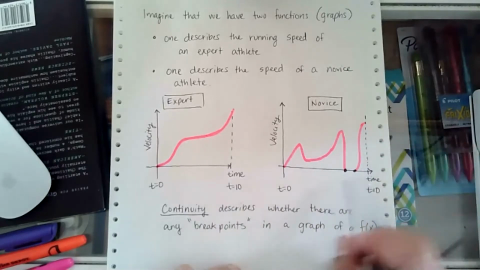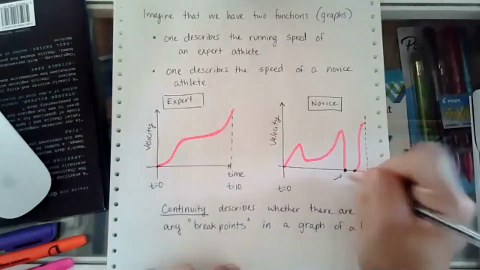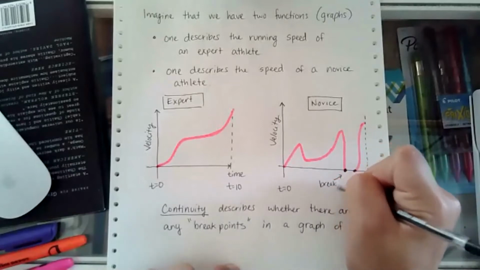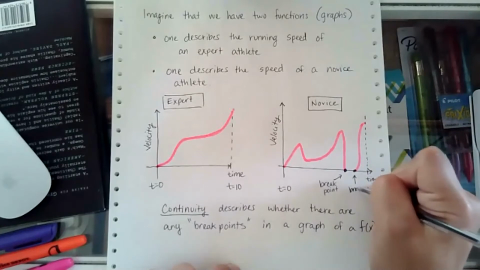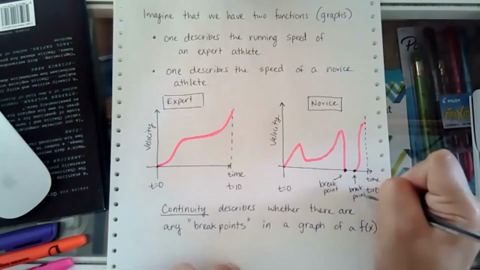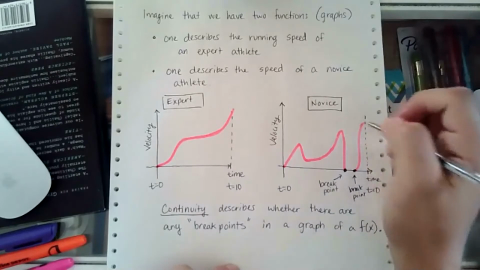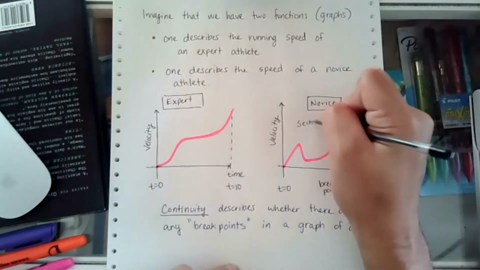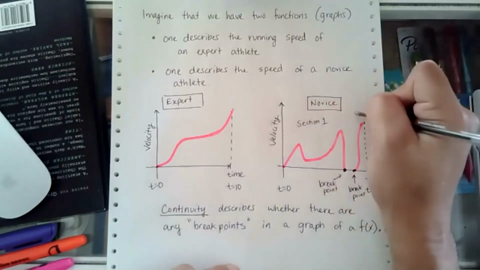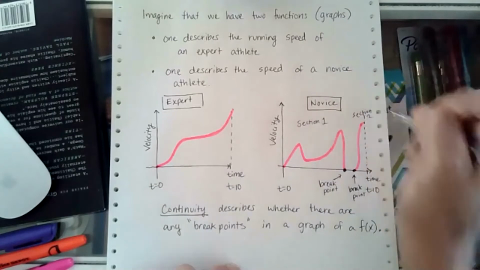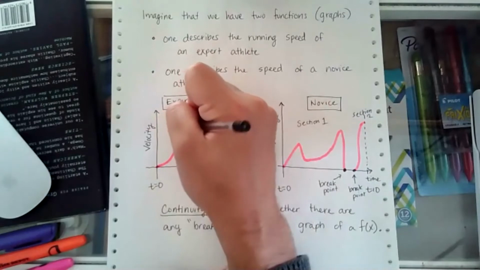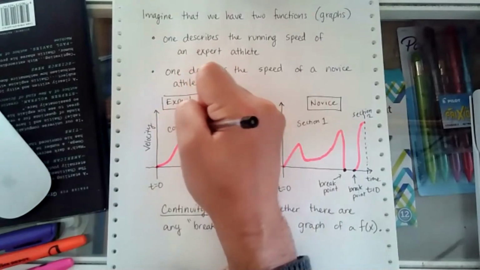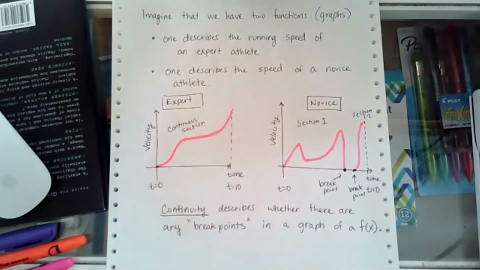So you might see that in this little example that I came up with, this is a breakpoint here. And this is a breakpoint here. And basically the graph is split up into two sections. You have this section here and this section over here. Whereas there's one continuous section here.